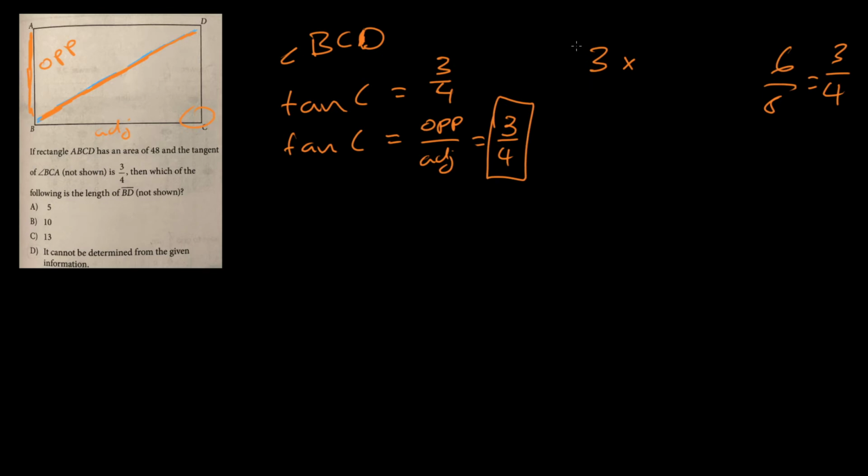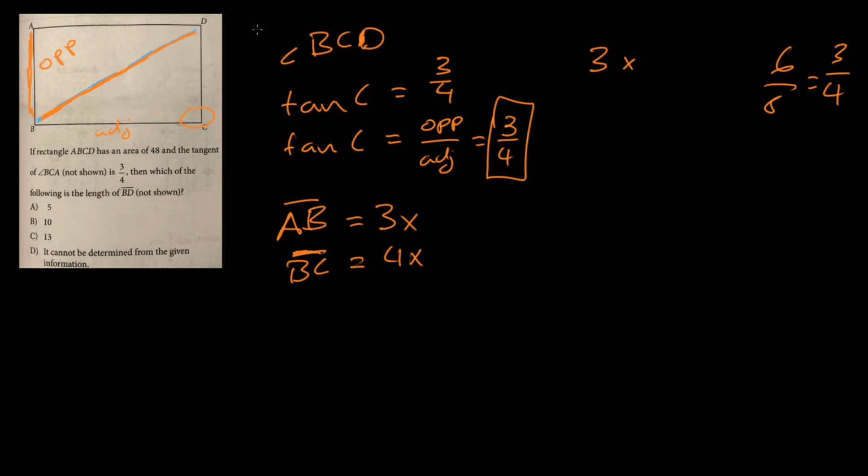So as far as we're concerned, AB is equal to 3x. And BC is the same thing, we have 4 instead of 3. So BC is equal to 4x. And so we have to use what we have over here to find out length BD.